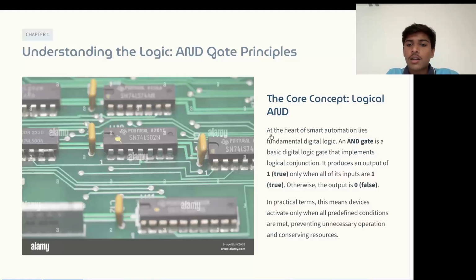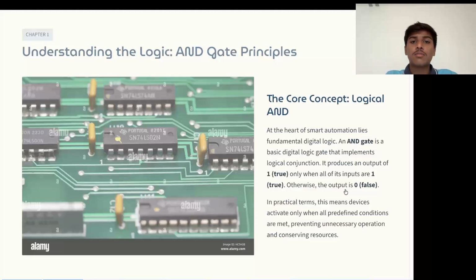At the heart of smart automation lies fundamental digital logic. An AND gate is a basic digital logic gate that implements logical conjunction. It produces an output of 1, equal to true, if and only if all of its inputs are 1, true, otherwise the output is 0, equal to false.